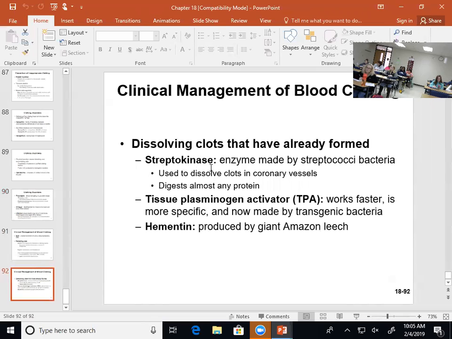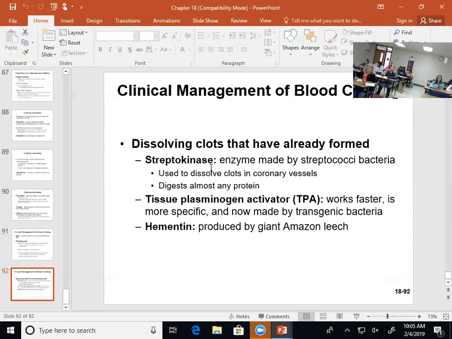I do want you to know with these two, you have a clinical insight about streptokinase and TPA, tissue plasminogen activator. These are great. They can be used to burst a clot, especially if somebody's having a heart attack, but they can also kill you. So if you don't use them in the right time event, supposedly if somebody's having a massive MI, massive myocardial infarction, these have to be used within the first 30 minutes to an hour.